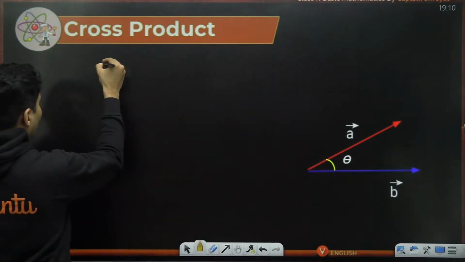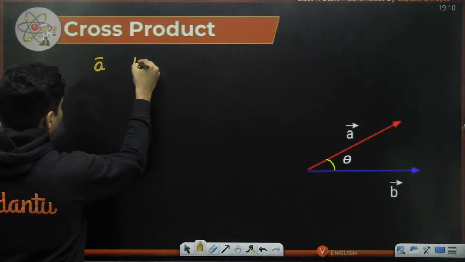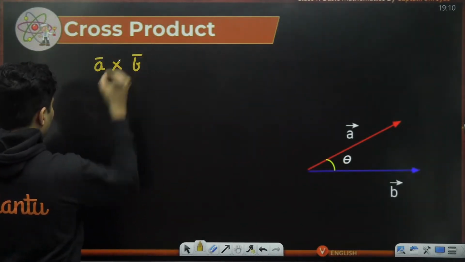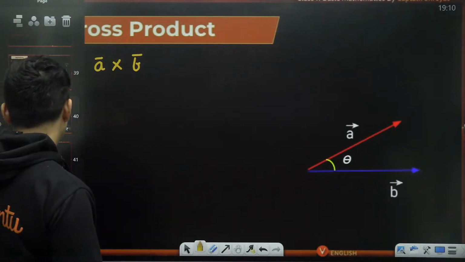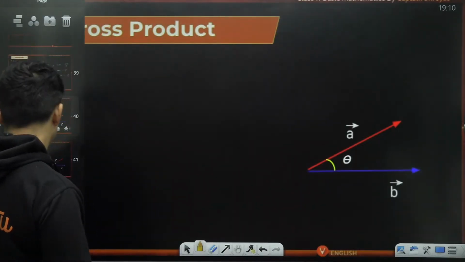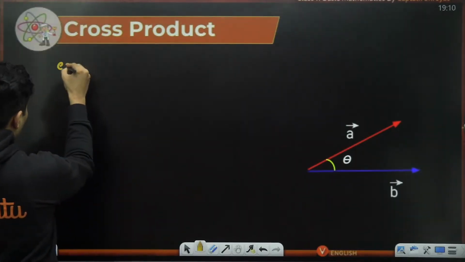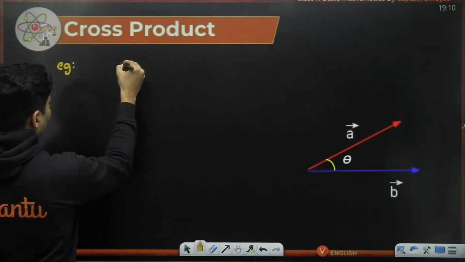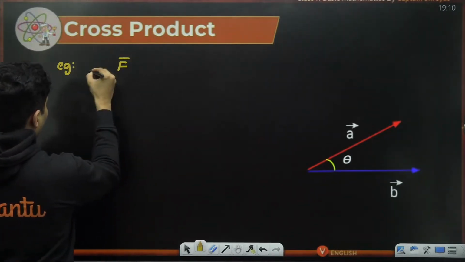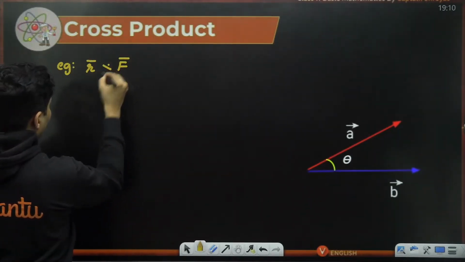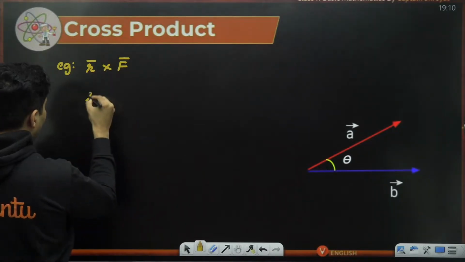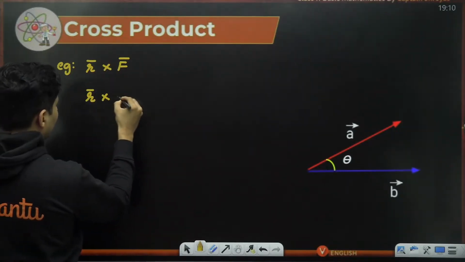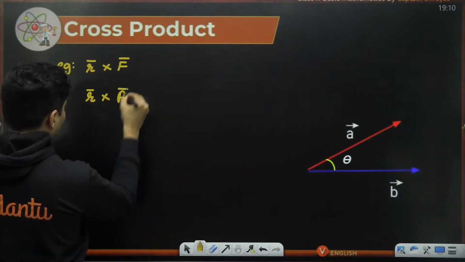Fine. So I take a vector A, I take a vector B, and I multiply both of them to get another vector. Examples: I take force and I take position and I multiply them. Or I take position and I take momentum and I multiply them.